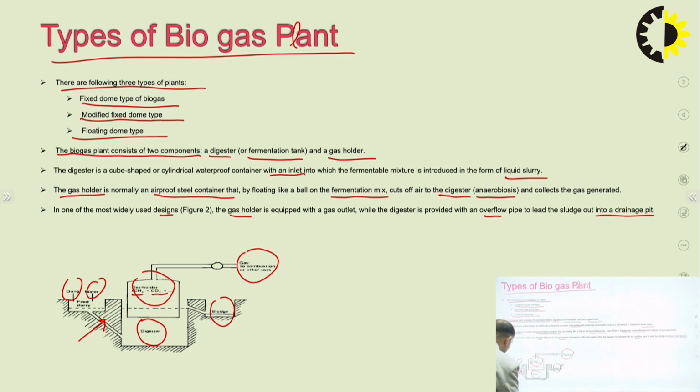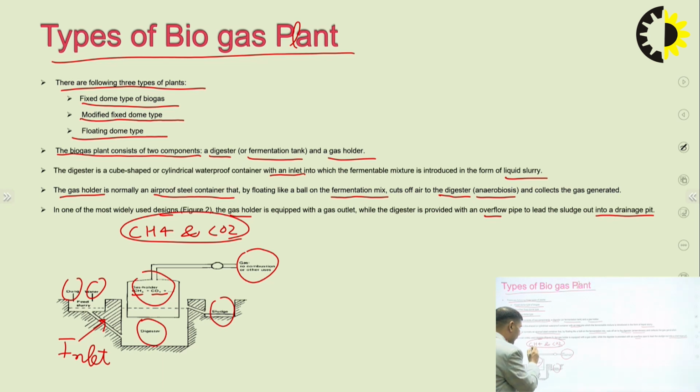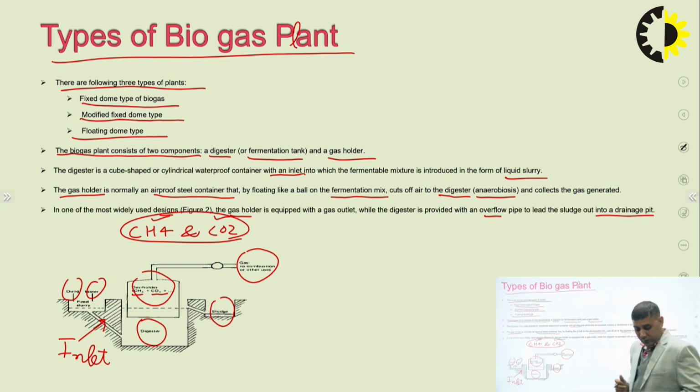This inlet pipe is fed to the digester, and this process is completely packed so that no oxygen is there, and then due to the chemical process CH4 and CO2 are emitted. This is methane and this is carbon dioxide. This is the basic structure of a biogas plant.